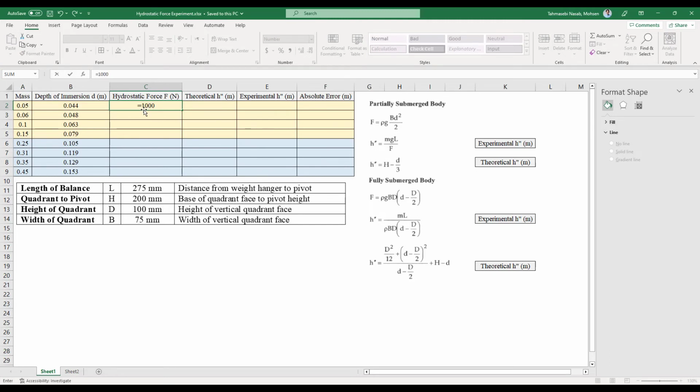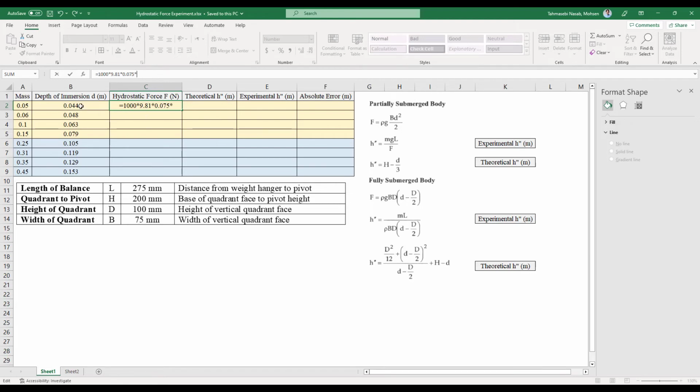Okay, so for force, for example, I'm going to write it and then fast forward it. Density is 1,000 kilograms divided by cubic meters, G 9.81 times B divided by 2 times D to the power 2 right over here. Okay, so capital B is 75 millimeters, and 75 millimeters is 0.075 meters times D to the power 2.